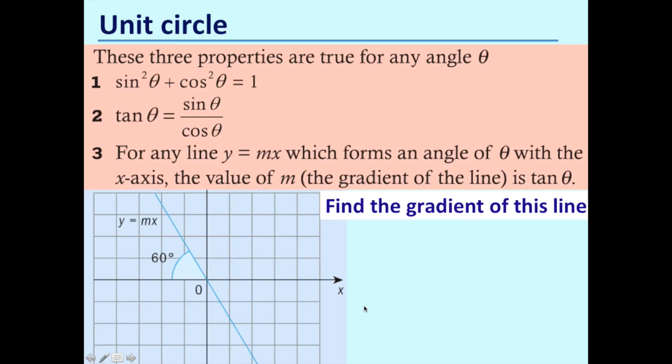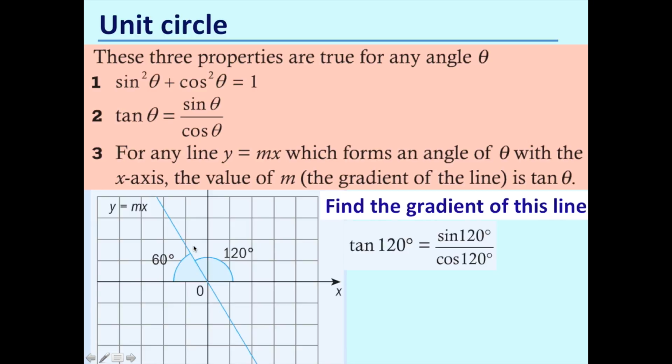Find the gradient of this line. So here we're going to be able to find the exact values, because this angle here is going to be 120. So therefore we can say that tan 120 is sine 120 over cos 120. Sine 120 is going to be the same as sine 60.